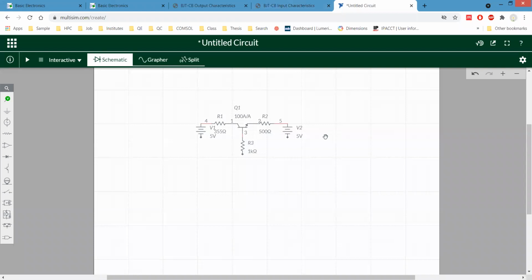If we keep both in forward bias, then we'll have the saturation region. If we keep both of these junctions in reverse bias, then we'll have the cutoff region. I think we discussed that in the last lab. So can anyone tell me in which bias we have kept these two junctions, base emitter and base collector?